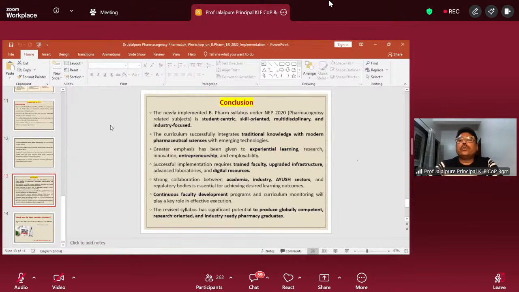So, the institute needs to have MOUs and collaboration with industry and Ayush sectors for the effective implementation of this syllabus. Continuous faculty development programs and curriculum monitoring will play a key role in effective execution of this syllabus. The revised syllabus has significant potential to produce globally competent, research-oriented, and industry-ready pharmacy graduates.